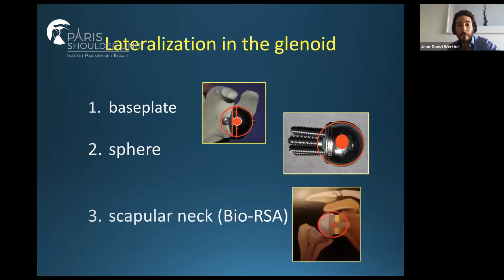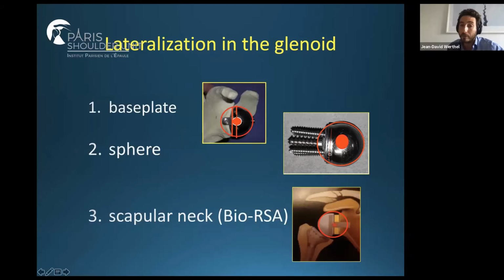If we look at the glenoid, you can see three different designs of lateralized glenoids, but they lateralize differently. You can see that the base plate here lateralizes by being what we call onlay. It means that the glenosphere, instead of being completely flush to the bone, has a distance between the bone and the glenoid that is the thickness of the base plate.